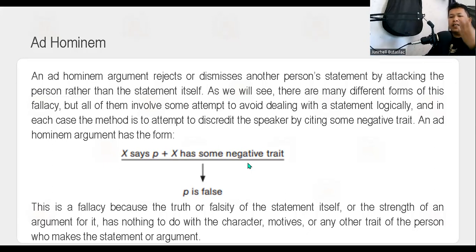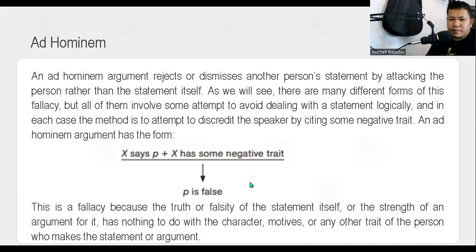In each case, the method is to discredit the speaker by citing some negative trait. An ad hominem argument has the form: X says P, X has some negative trait, then P is false.